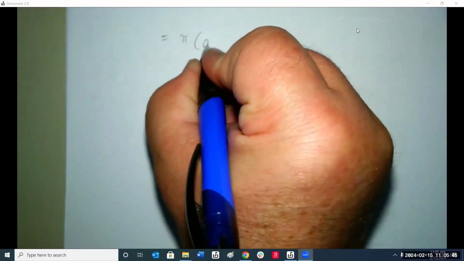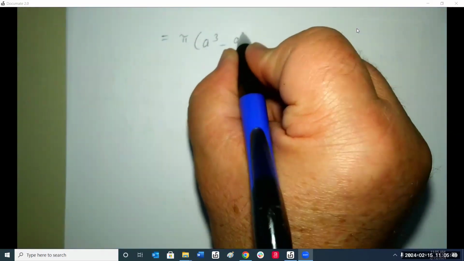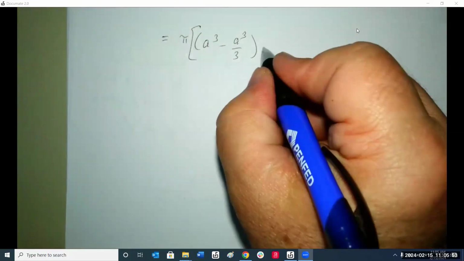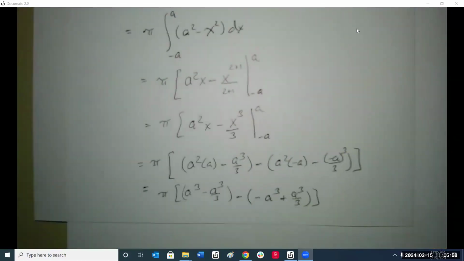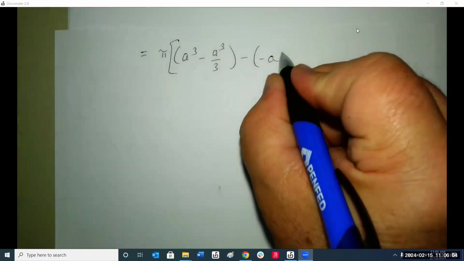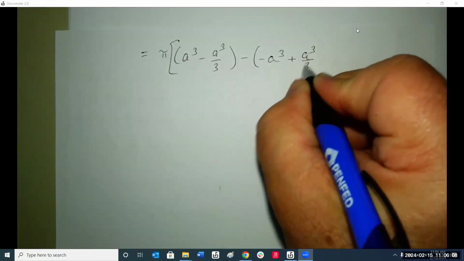We get a cubed minus a cubed over 3 minus negative a cubed plus a cubed over 3.